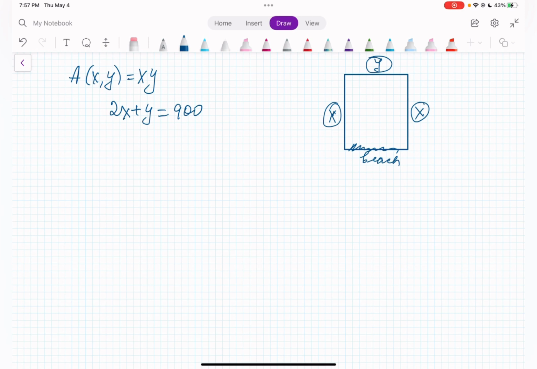So from here, what are we going to do? We're going to find y, let's say. y is equal to 900 minus 2x. Yes? And we plug this in for y here. I'm skipping the xy for easiness of writing. It's going to be x times (900 minus 2x).